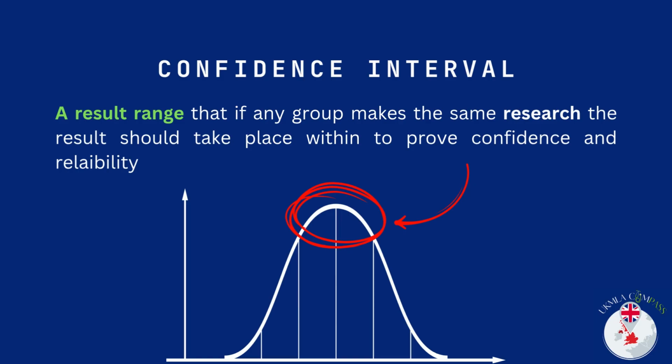So there is usually a confidence interval where there is a certain range that most of the results of all the countries lie inside. The more common results there are between us, the more this proves that this study is actually accurate and that all of us are doing the same study by the same technique.